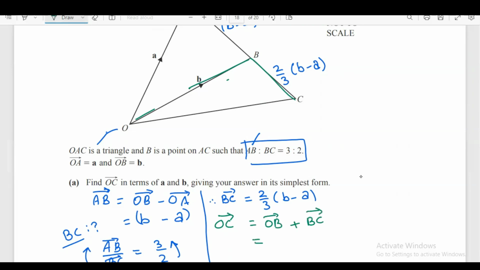By putting the value of OB, which is vector b, small b, plus 2/3 of b minus a.